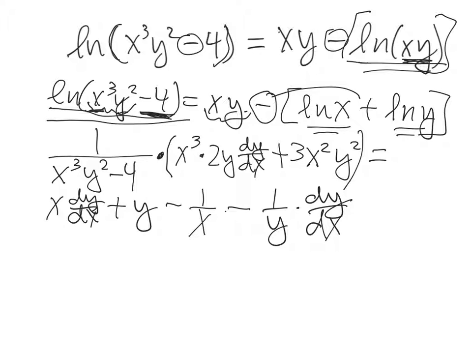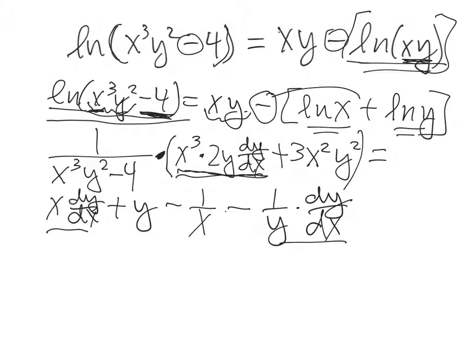Now, at this point, we've got to solve for dy by dx, and we've got 3 different terms with dy by dx in them. This term, though, we need to remember is multiplied by this fraction. Various ways of going through simplifying here.